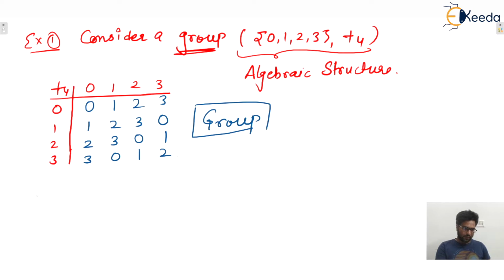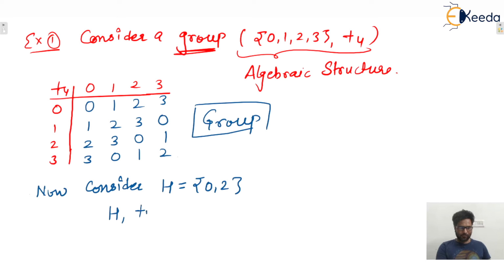Now consider, let's say, H, that is {0, 2}, isn't it? Now H on addition modulo 4, that means we can say {0, 2} on addition modulo 4.